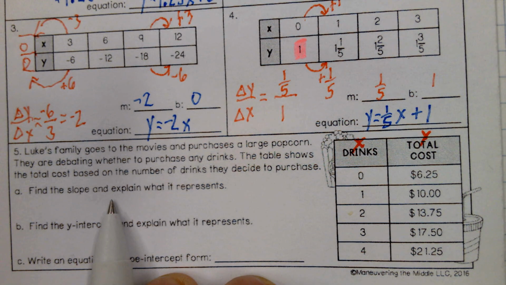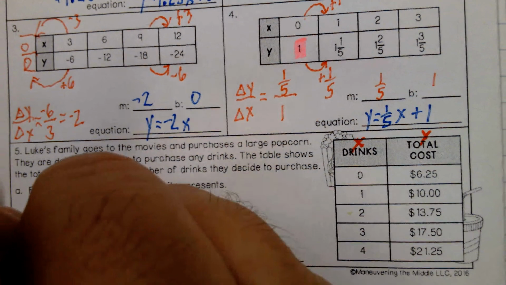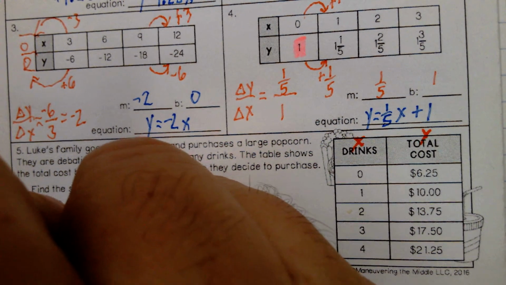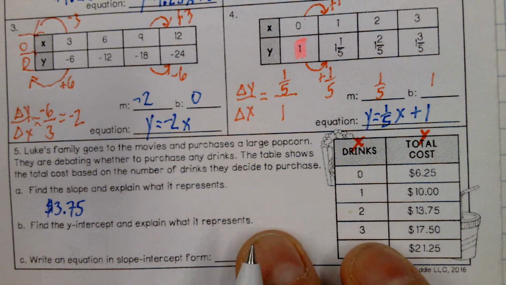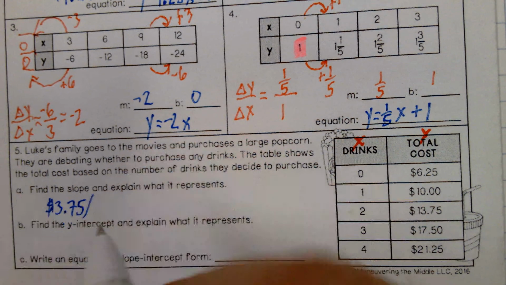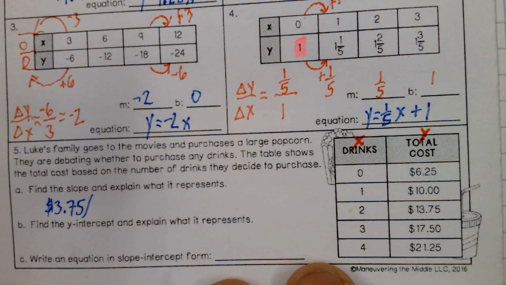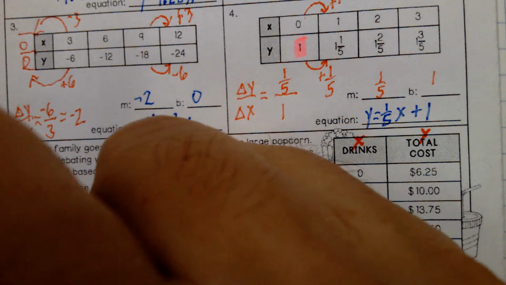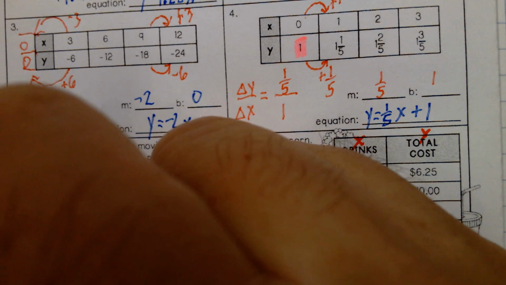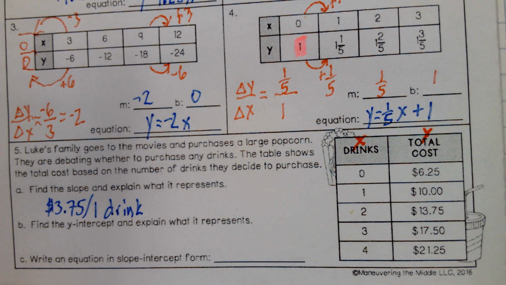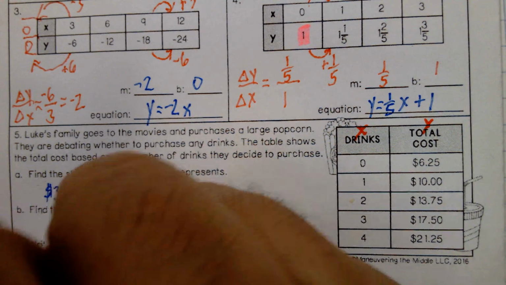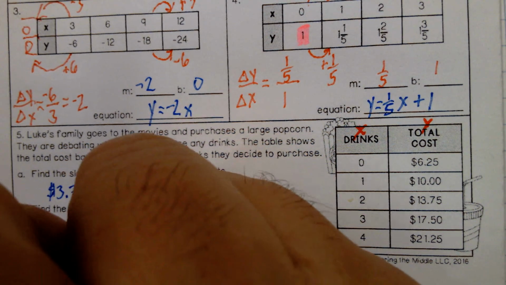What was the rate? $3.75. $3.75 per drink. What's our y-intercept? 6.25.